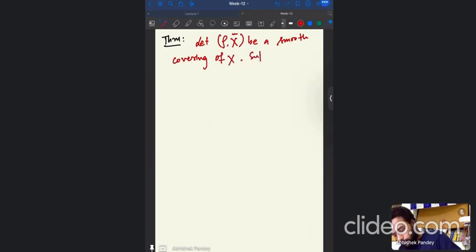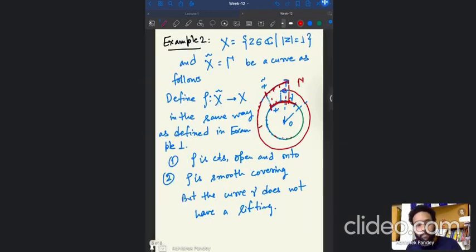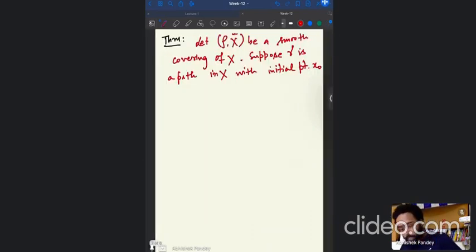Suppose gamma is a path in x with initial point x naught. As we have seen, in a smooth covering space a lift does not necessarily exist. But here we are proving that if a lift exists, then it is going to be unique.